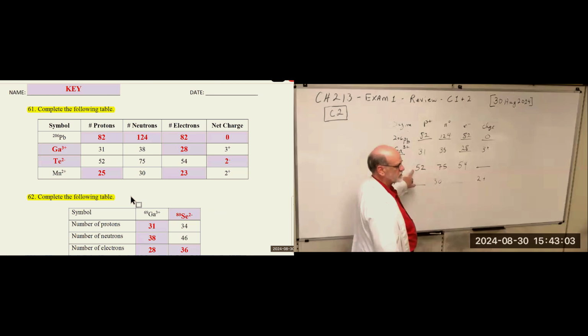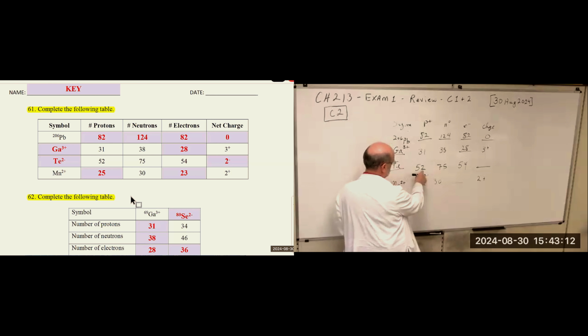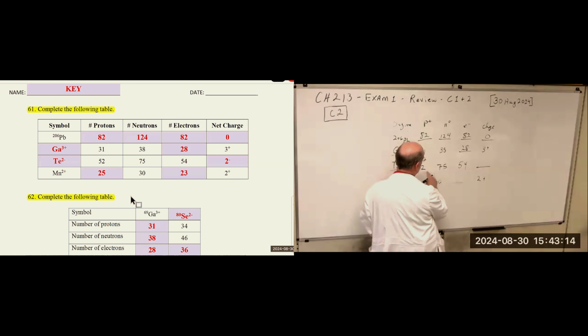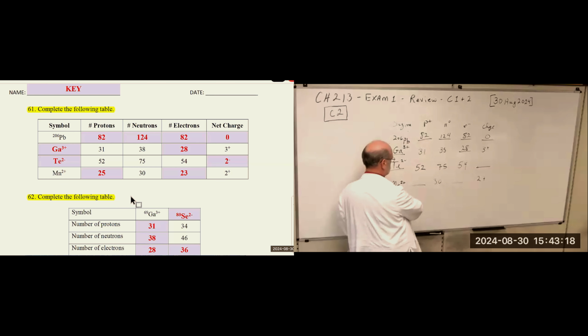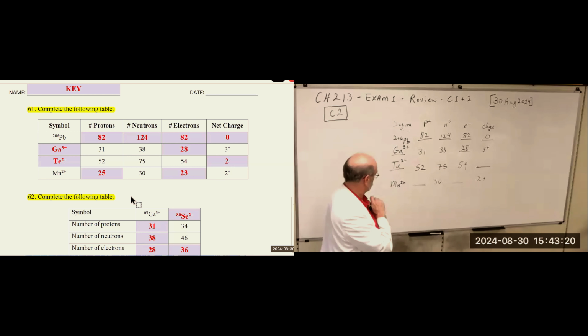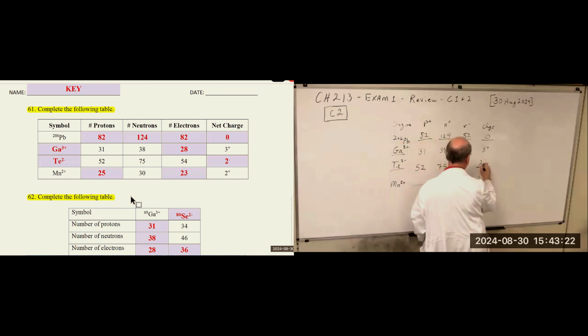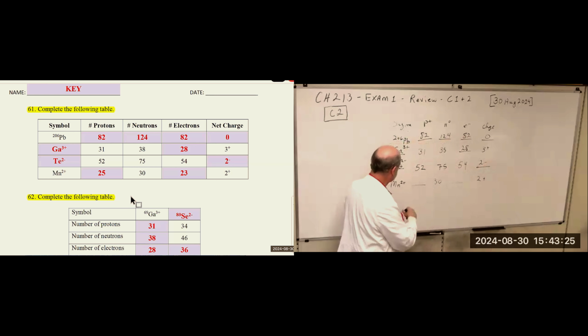This one is 52, which is tellurium. We don't know if it has a charge yet. We have 52 protons and 54 electrons. We have 2 extra electrons. Right? So it's a 2- charge. And the last one, manganese.